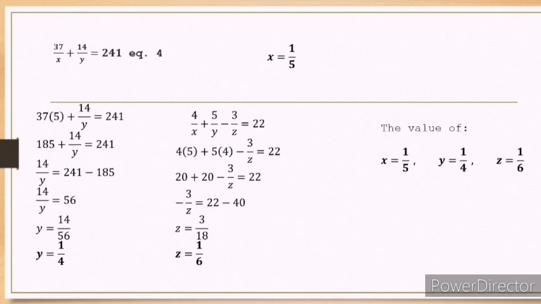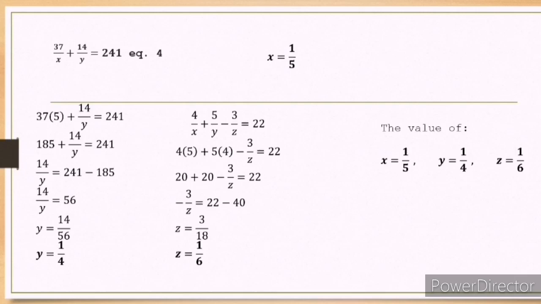Then 4 over x plus 5 over y minus 3 over z is equal to 22. So 4 times 5 plus 5 times 4 minus 3 over z is equal to 22. 20 plus 20 minus 3 over z is equal to 22.